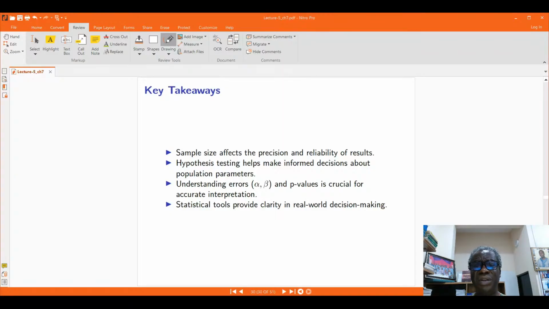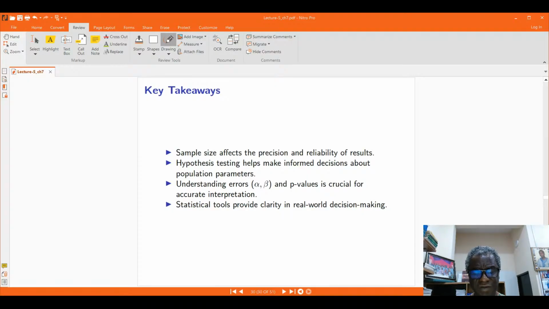We have been able to also apply this to various practical examples, and we have seen how we can take a decision.